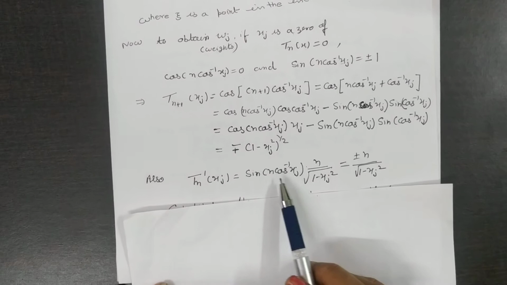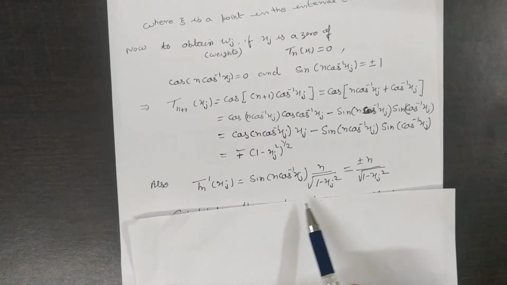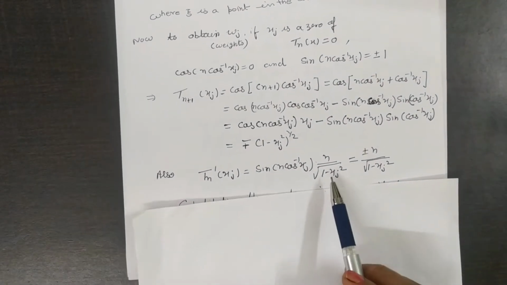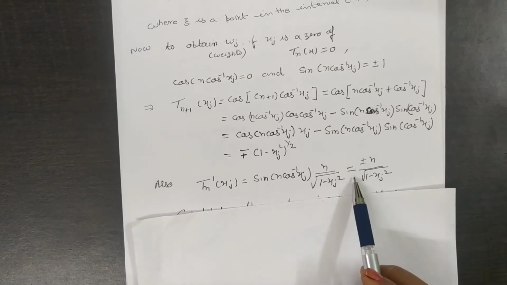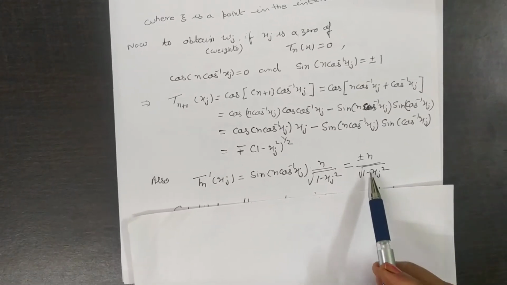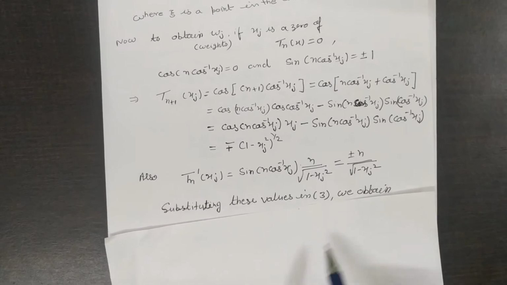Okay, so you get this one. And this is sine of n divided by this. This is actually equal to plus minus n by this one.